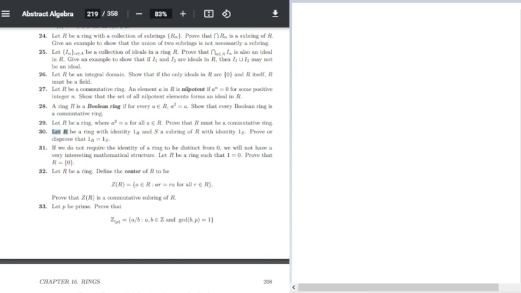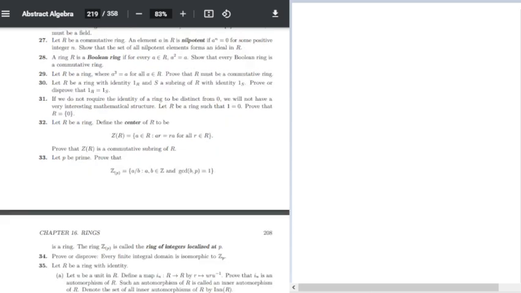Alright, and that's a similar problem. Let R be a ring with identity 1R, and S a subring of R with identity 1S.